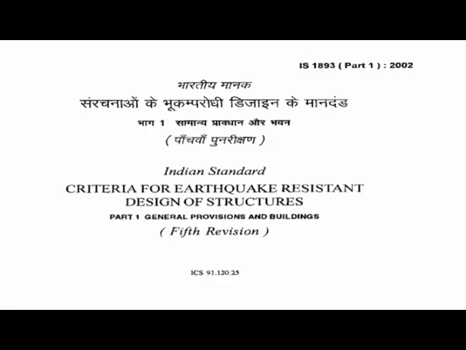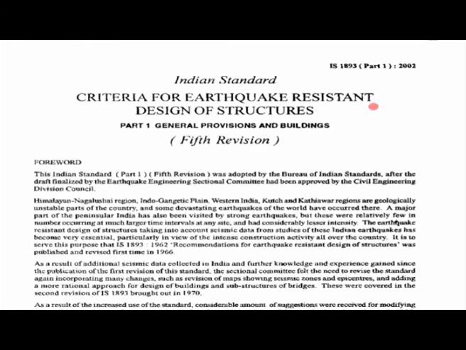There are so many parts, but let us quickly go through them: part 1, general provisions and buildings; liquid retaining tanks, bridges and retaining walls; industrial structures including stack-like structures; dams and embankments. There will be 5 parts. Actually, only part 1 and part 4 are released right now.